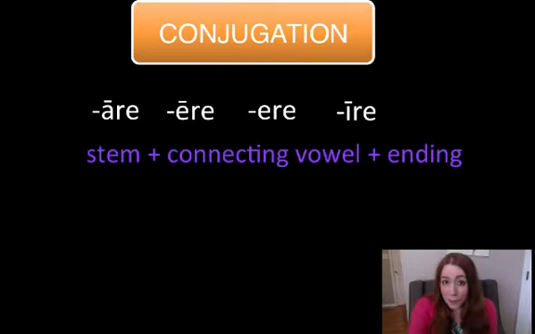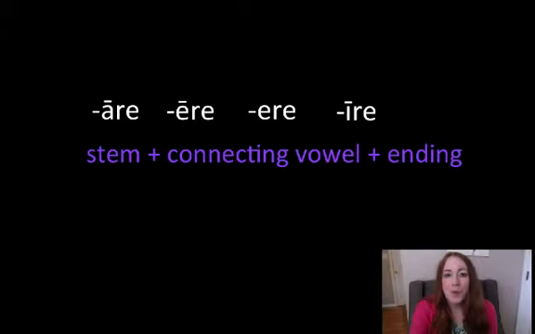To create the verb, we're going to follow a normal pattern, but there will be slight changes based upon its conjugation. To make the present tense, we're always going to take the stem, which is what comes before the infinitive ending, the connecting vowel, which we're going to look at now, and then put on one of those 6 personal endings. The connecting vowels for each conjugation are pretty consistent.